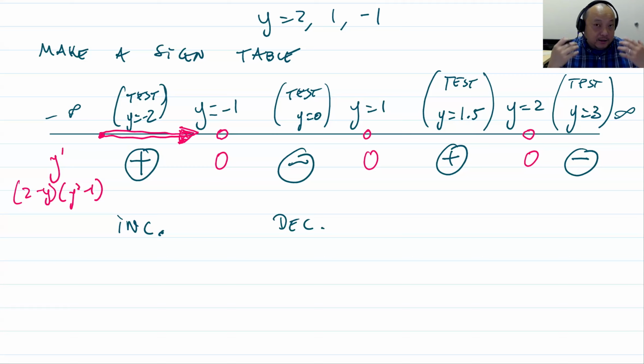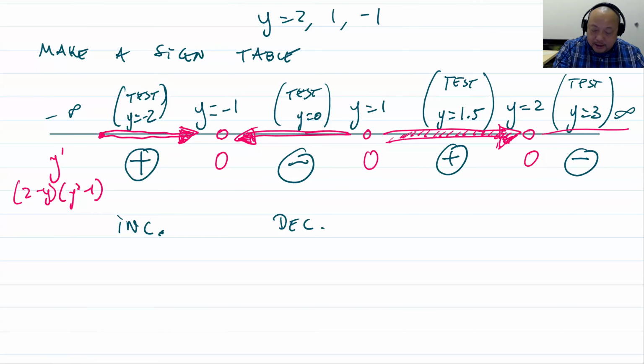On a horizontal number line, decreasing means going to the left, so I'm going to draw an arrow going to the left. Between 1 and 2, positive, increasing, I'm drawing my arrow to the right. And after y equals 2, the solution curves are decreasing, so I'm drawing my arrow to the left.